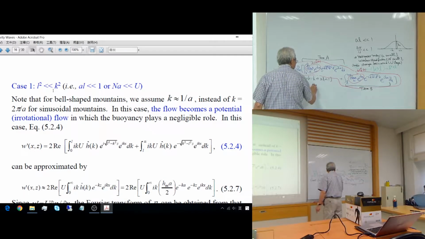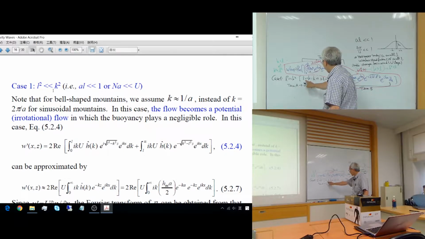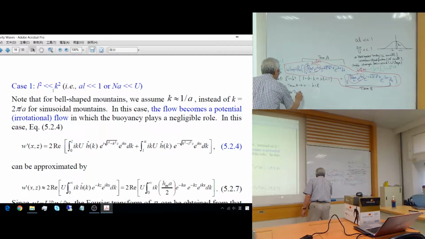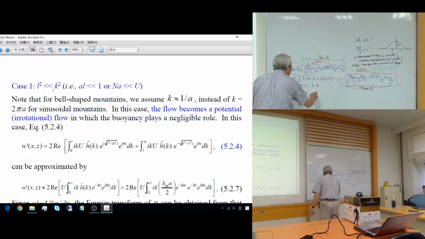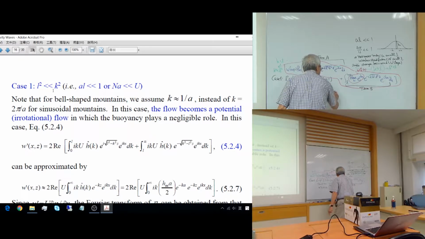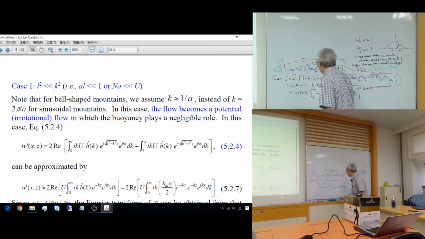But that's another case, because K must be greater than L. So W prime of x, z will be approximately equal to the last term: the integral from L to infinity of ik u h hat, times e to the minus i square root of k square minus L square times z, times e to the ikx dk.